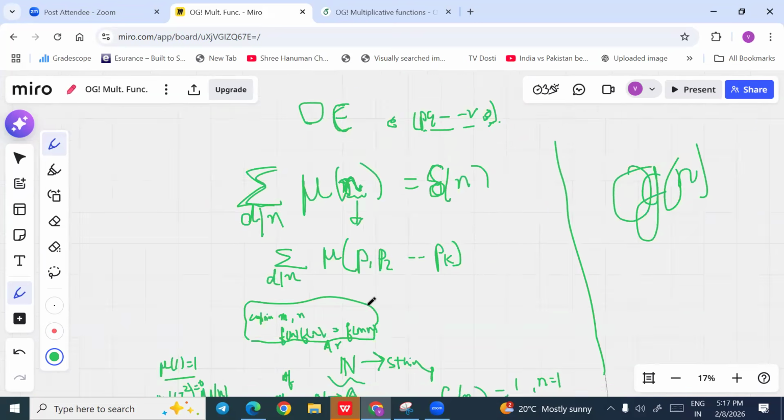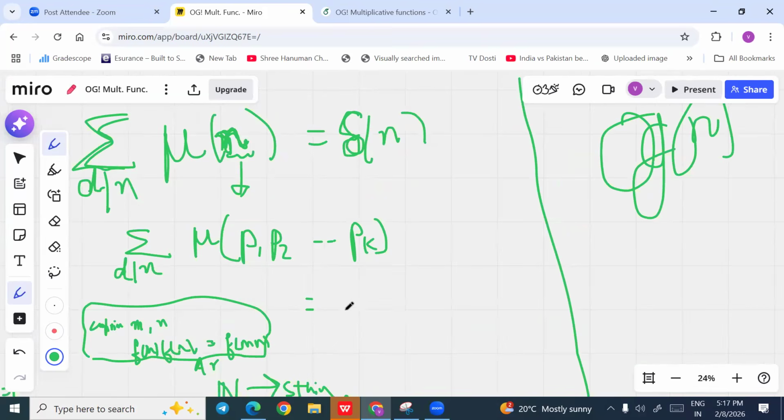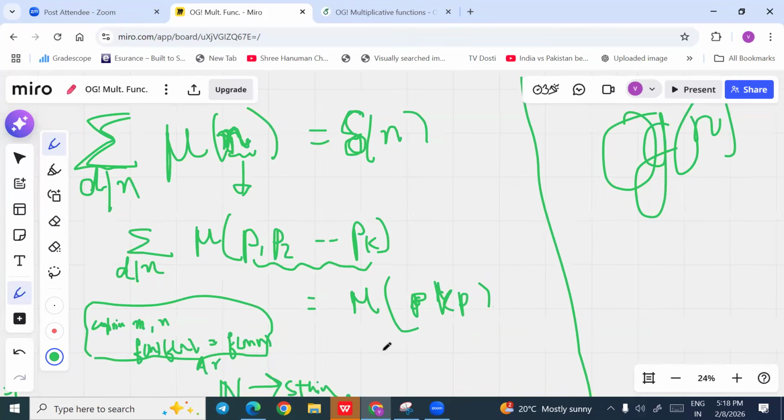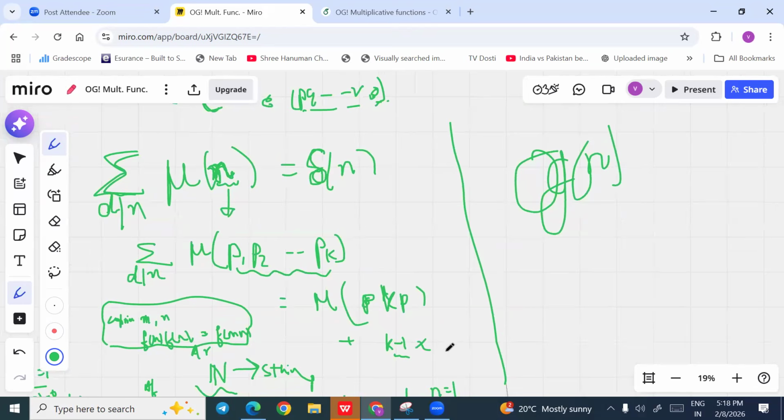Now, to compute this, you can see that this is the sum of Mobius over these divisors. Either you take the divisors which have k prime factors, then you have the divisors which have k minus 1 prime factors, then you sum these times mu.